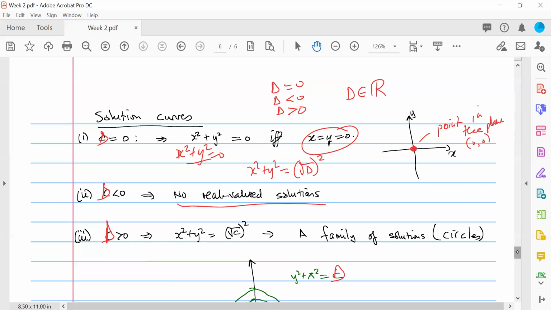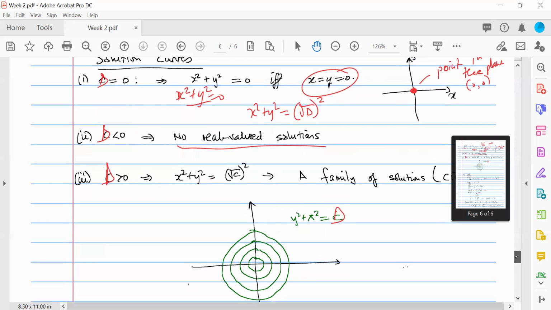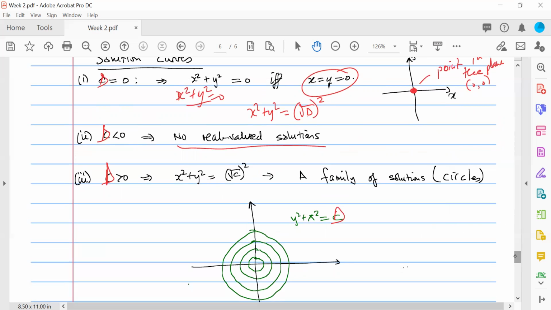But when d is greater than 0, then depending on the value of d, d could be equal to 1, d could be equal to 2, d could be equal to 4, d could be equal to 9, just putting these nice numbers that are squares so I can find their square root easily. So you will then find that you have a lot of curves that emanate.